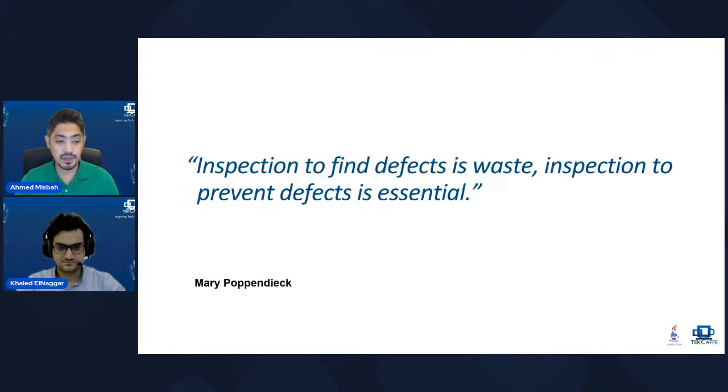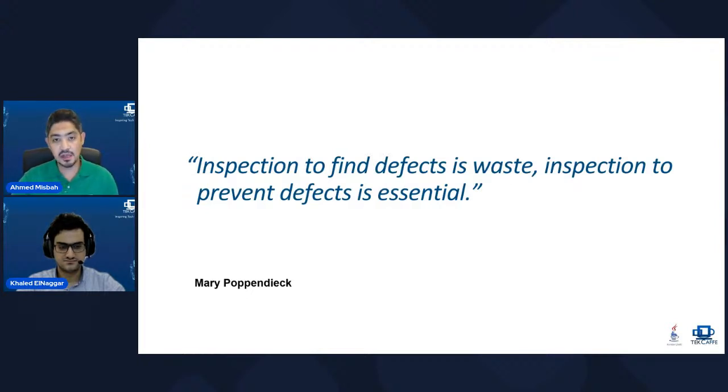I also quote Mary Poppendieck, the author of Lean Software Development. She says, inspection to find defects is waste. Inspection to prevent defects is essential. If you remember back in the ROI slide, we said that TDD allows for a leaner project or product. And lean is all about maximizing value and minimizing waste.